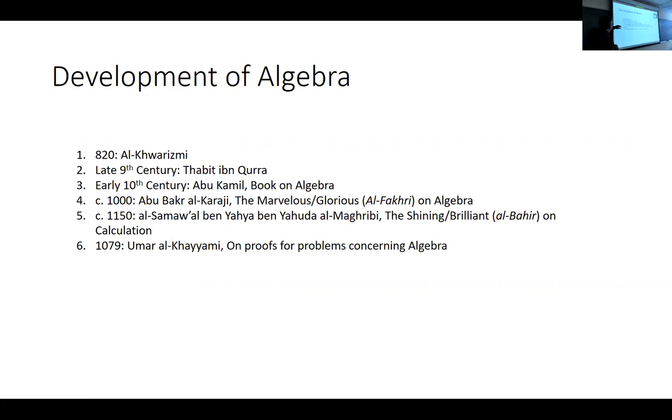Well, we started around the year 820 with Al-Khwarizmi, and it's from him that we call the topic algebra. We see that it developed from geometry. For Al-Khwarizmi, algebra was solving linear and quadratic equations.